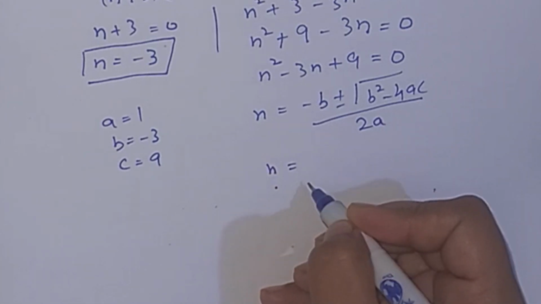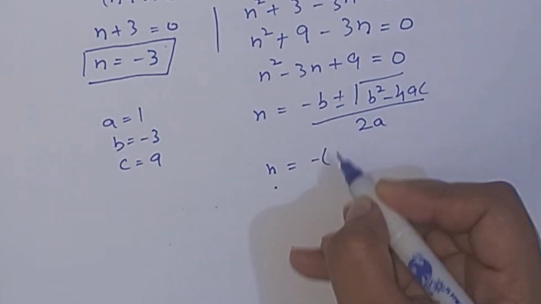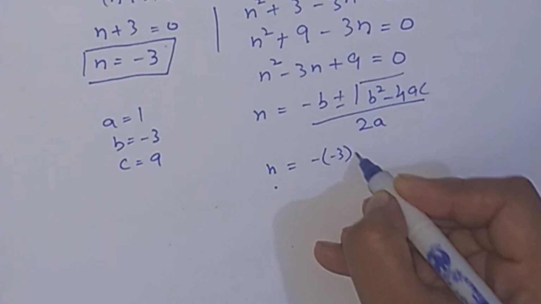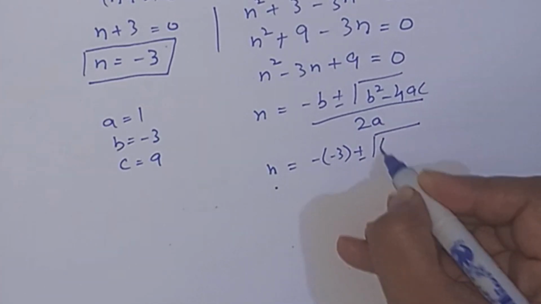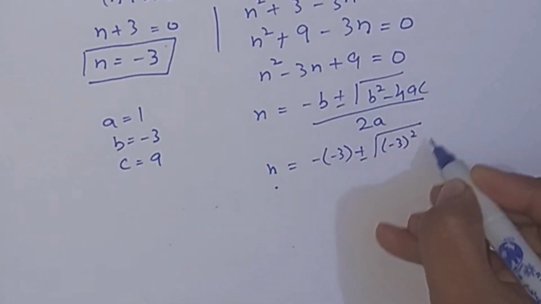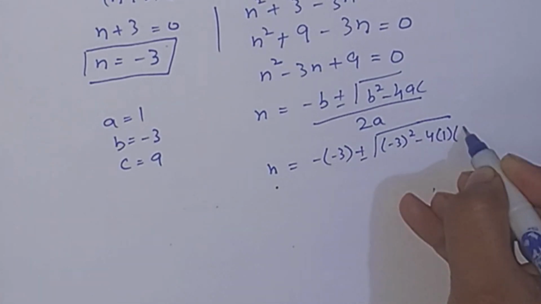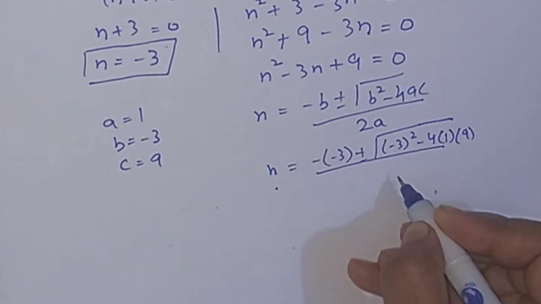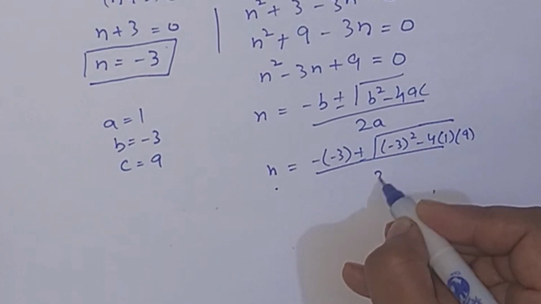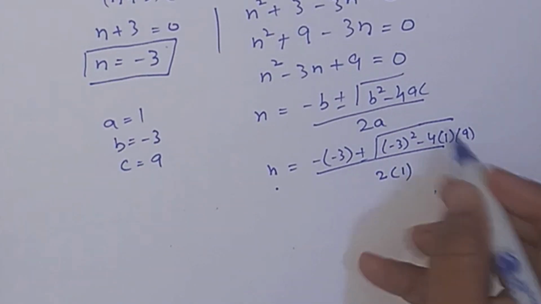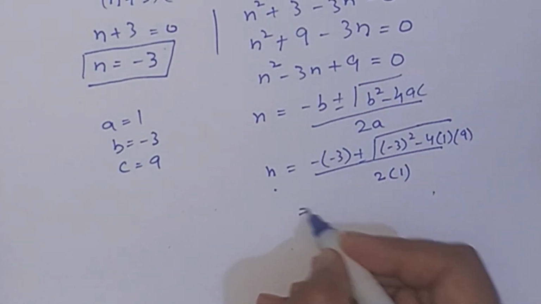So n is equal to minus b, and b is minus 3, plus minus square root of minus 3 square minus 4, a is 1 and c is 9, over 2 times a, which is 1. Now we simplify this part.